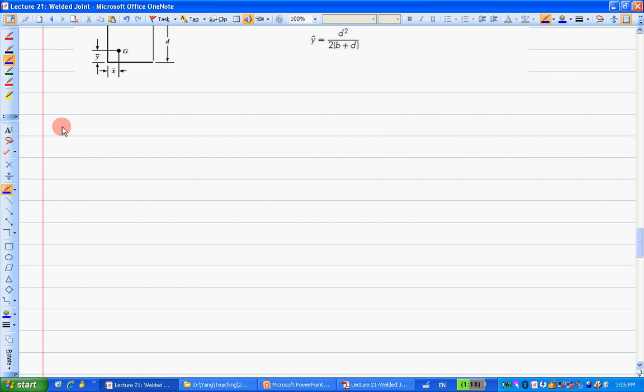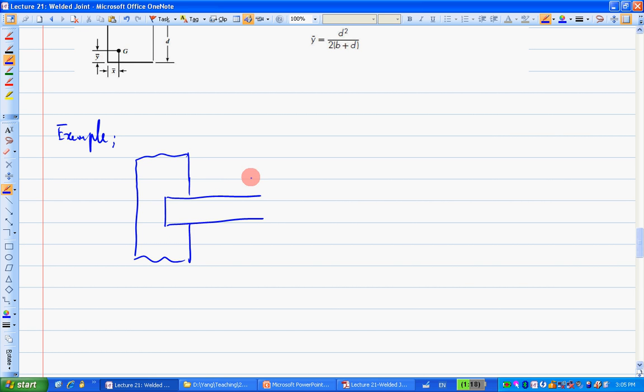So let me show you an example right here. Let's say I have 2 metal pieces, and then we weld them together, and here is the welding information.